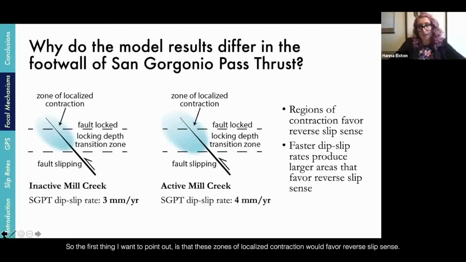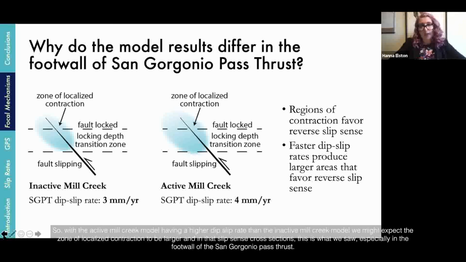The first thing I want to point out is that these zones of localized contraction would favor reverse slip sense. So with the active Mill Creek model having a higher dip slip rate than the inactive Mill Creek model, we might expect this zone of localized contraction to be larger. In the slip sense cross sections, this is what we saw, especially in the footwall of the San Gorgonio Pass thrust.